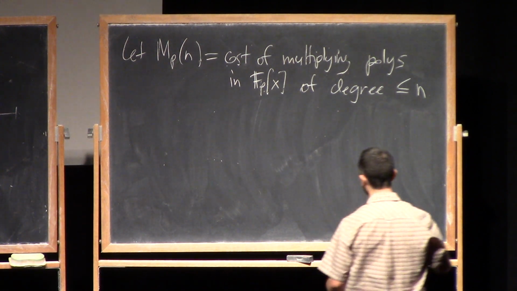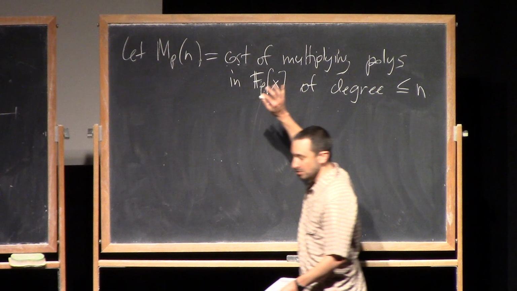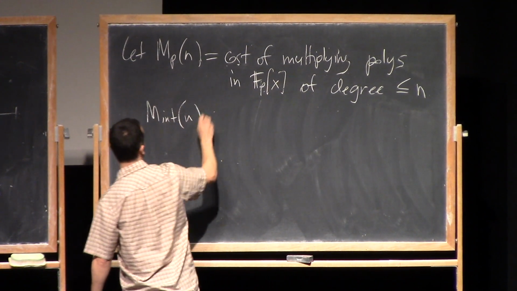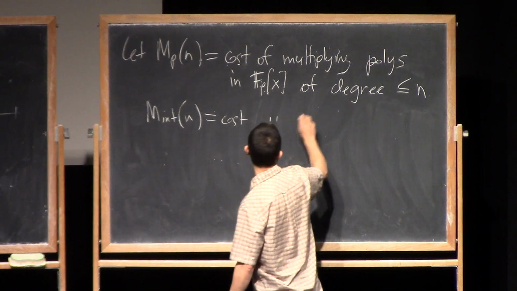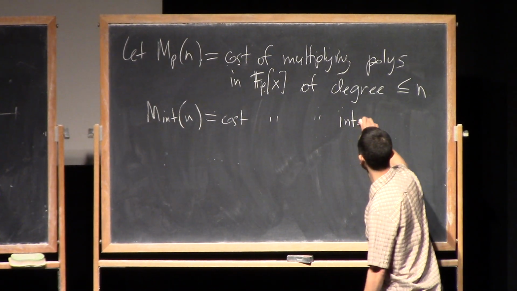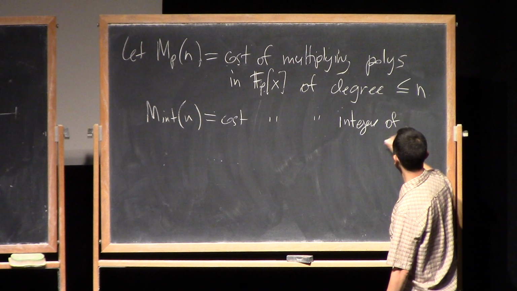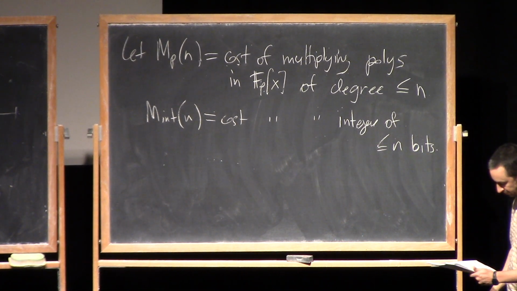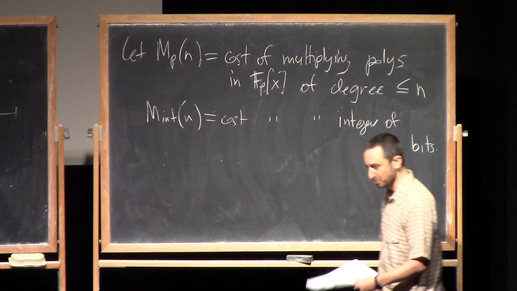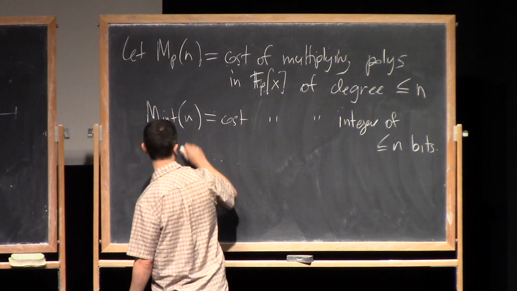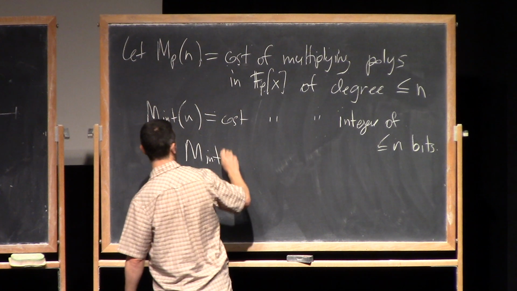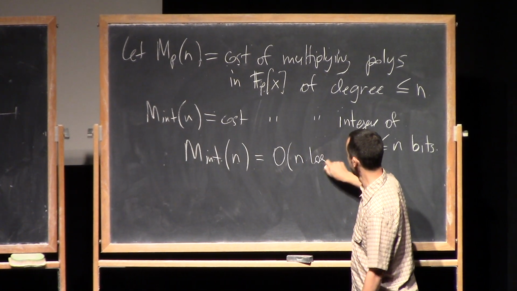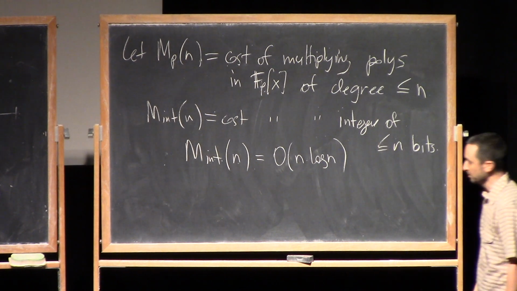Okay, so before I talk about this, I need to talk briefly about integer multiplication. So M_int(n) is the cost of multiplying integers of at most n bits. Now, Bjorn mentioned before, I've worked a lot on this problem, and a few years ago I proved with Joris van der Hoeven that you can get n log n.